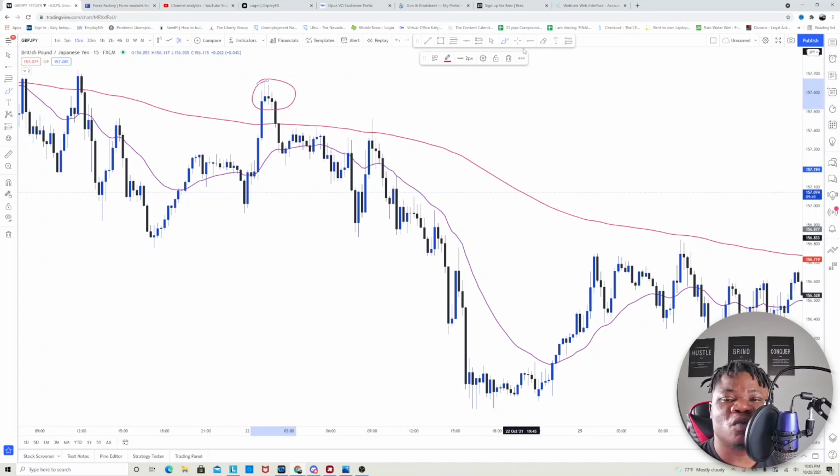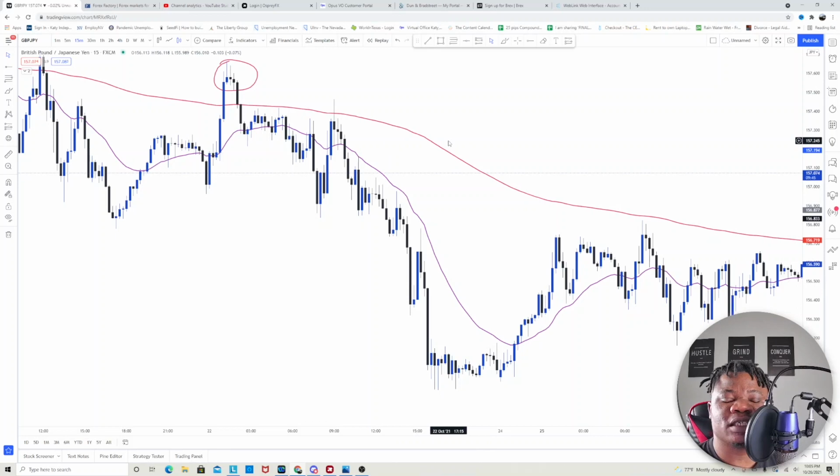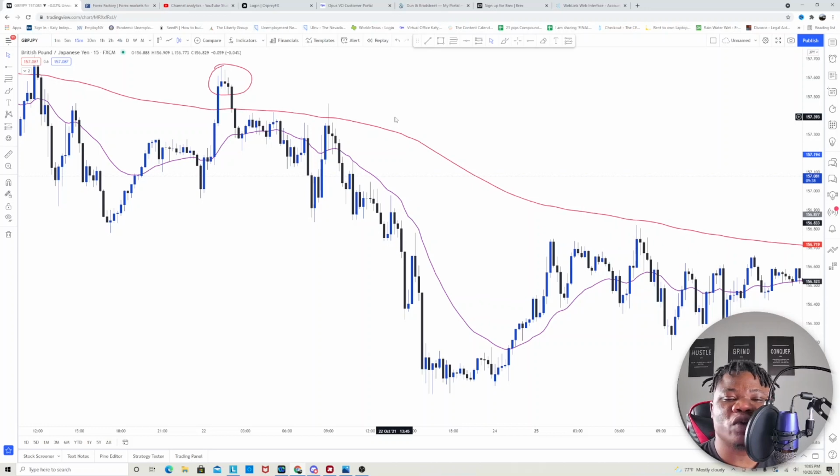So now what we need to do, if we want to take a sell position, is wait for a pullback. Now I'm going to put this in replay mode as well and show you guys where your entry is going to be. Remember, we need price to pull back and actually touch the 25 EMA, then we can get in our position.